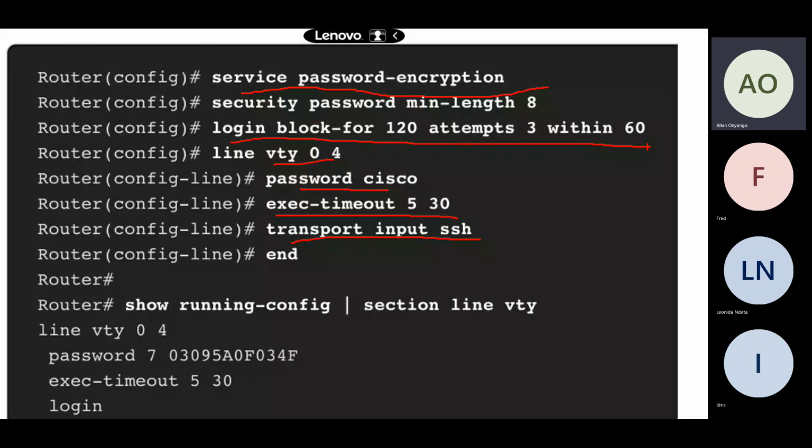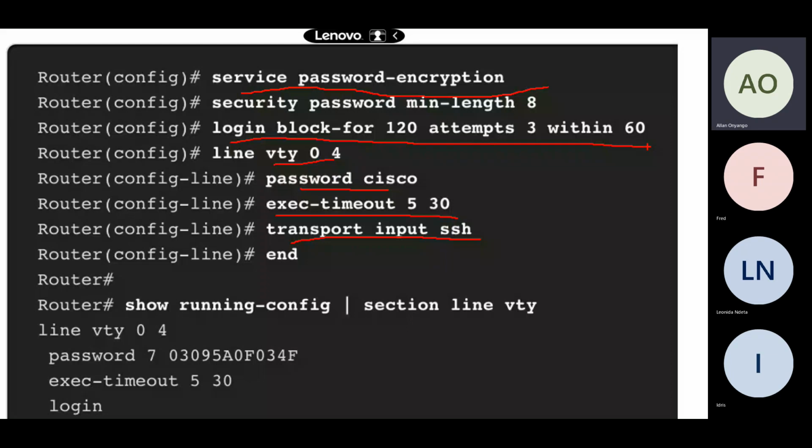Now, if you want to know how this is used, have you ever noticed some websites where you put a wrong password thrice or 4 times, it requires you to see a countdown and wait for 1 minute or 60 seconds before you can try logging in again? So this is what actually happens. This command is saying block someone for 120 seconds if they make 3 unsuccessful attempts within a period of 60 seconds.